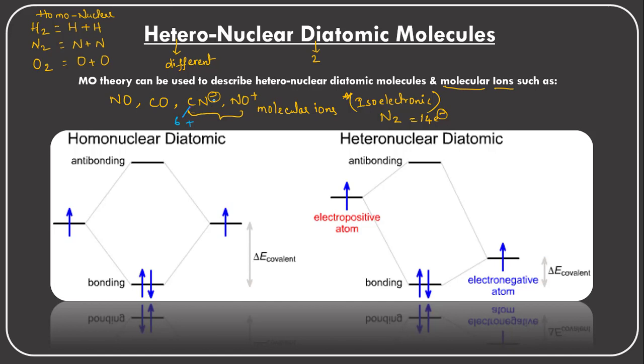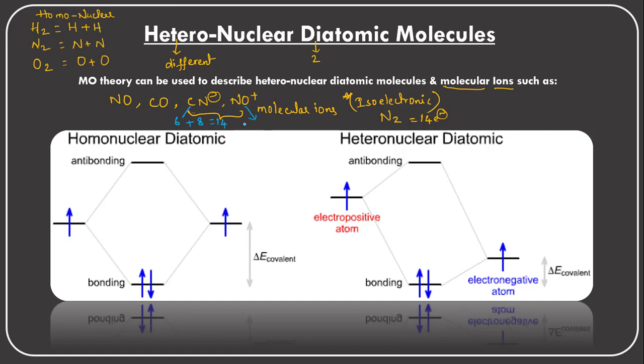Here the minus charge means one extra electron is present in the orbital of nitrogen. So totally 8 electrons. So 6 plus 8 will be 14 electrons. Now is this equal to the nitrogen molecule? Yes, it is equal.